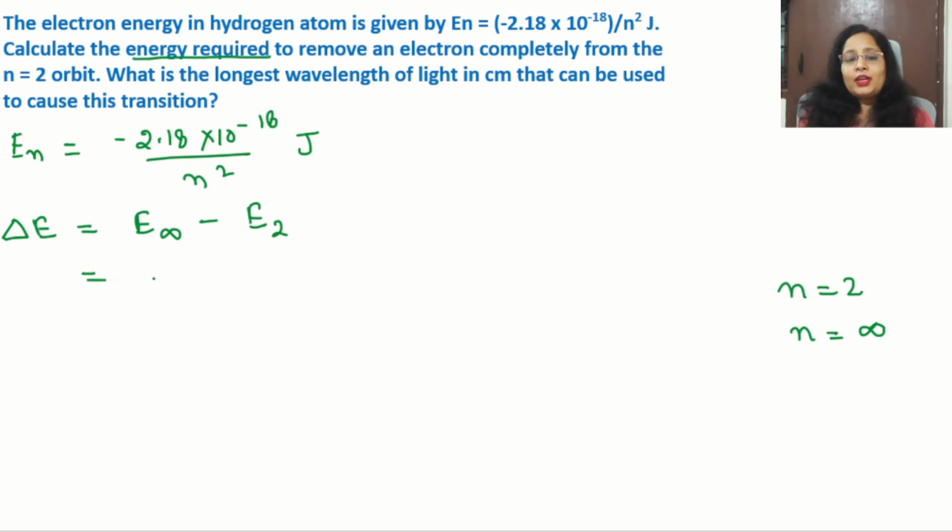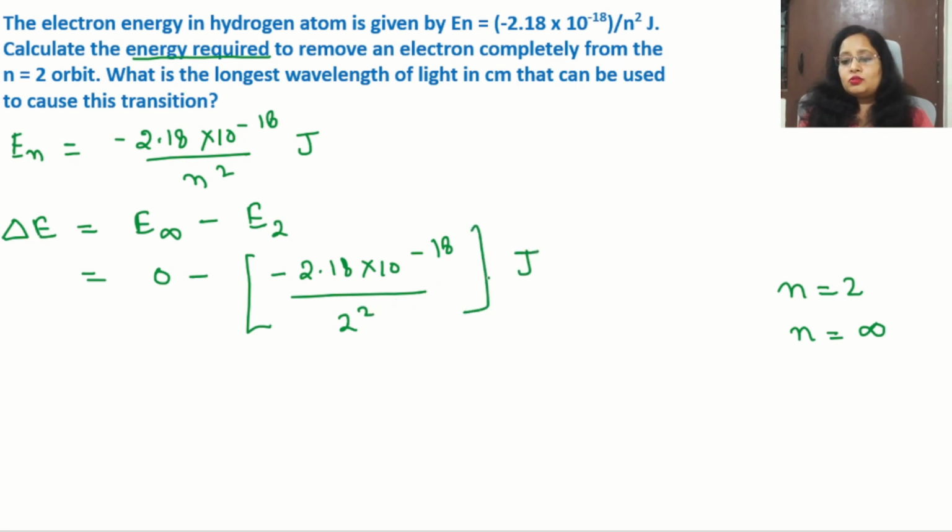Now E infinity value is always 0. Minus E2 we will take from the given value. It is minus 2.18 into 10 to the power minus 18 upon, in place of n we will write 2 square, and it is overall joule.